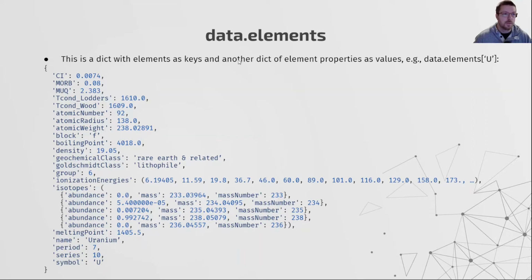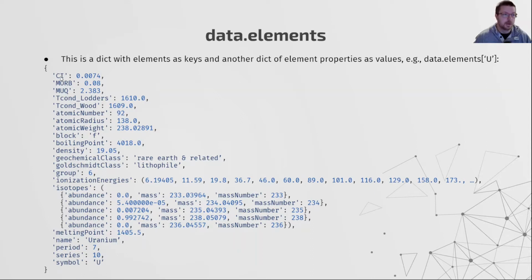Okay, one more API thing that we're going to talk about, because we'll use it later, is this data.elements dict that's available as part of the data object. So this is a dict with elements as keys and another dict of element properties as the values. So for example, if we did data.elements and provided the key of U for uranium, you would see a dict of a whole bunch of information related to uranium.